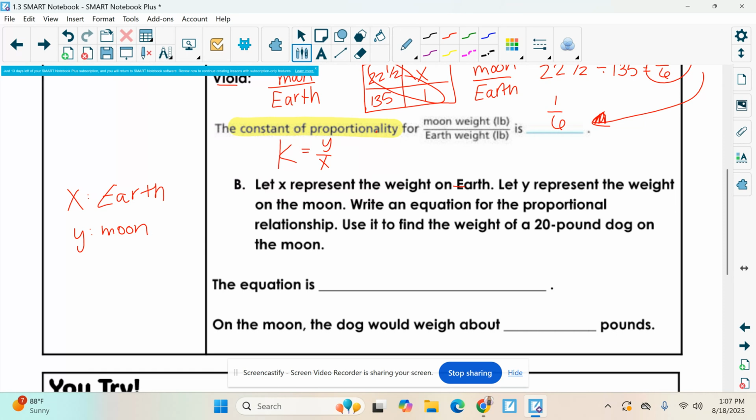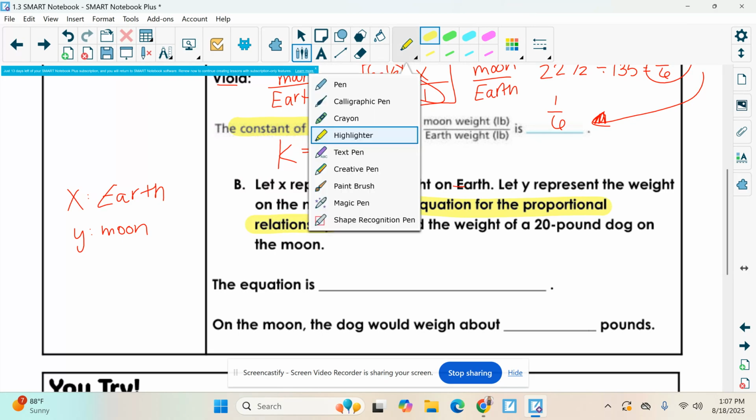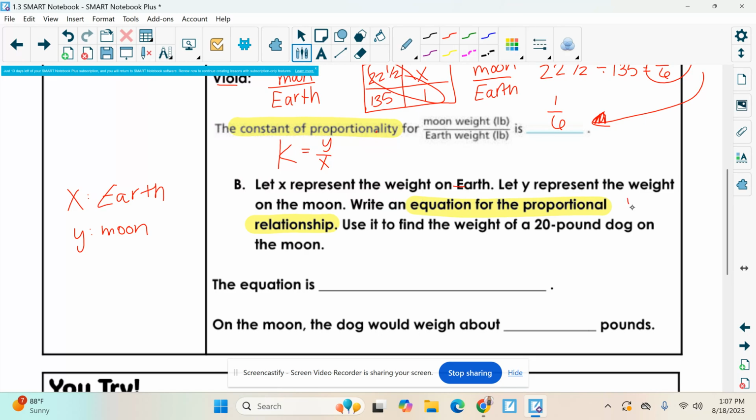Write an equation for the proportional relationship. There's another of your buzzwords. When I see that, I think Y equals KX. Well, we've already found K. What was K?